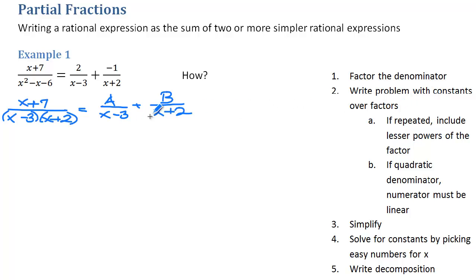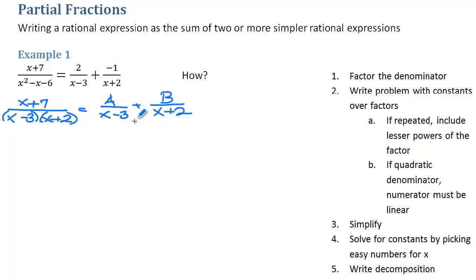Now, since these factors aren't repeated, we don't have to worry about the second step here. And neither of the denominators is a quadratic, so we don't have to worry about the numerator being a linear function. So now it's simply a matter of simplifying.